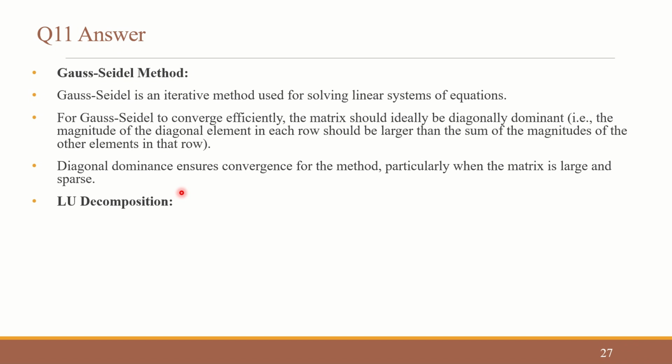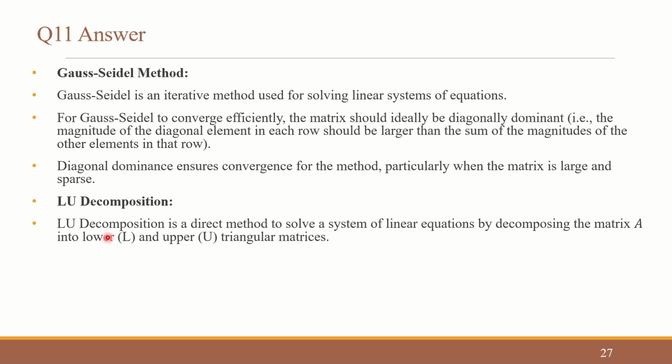Second one is LU decomposition. It is a direct method to solve the system of linear equations Ax is equal to Q by decomposing the coefficient matrix A into lower and upper triangular matrices.